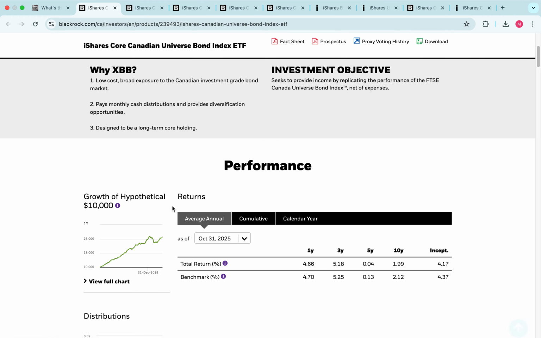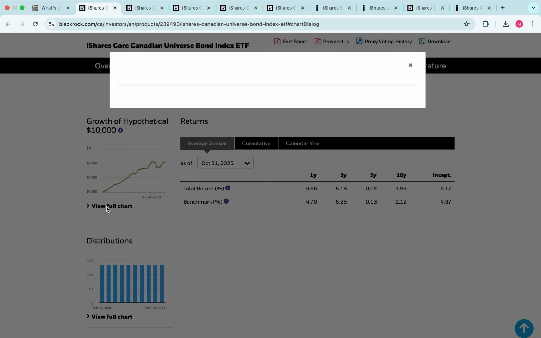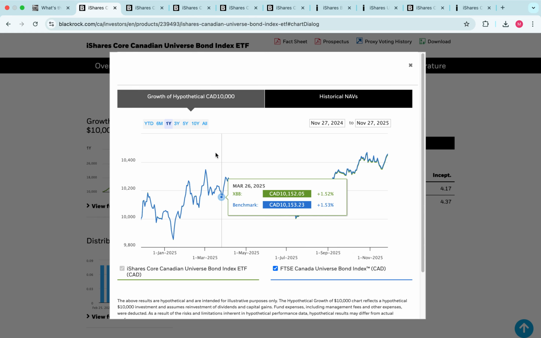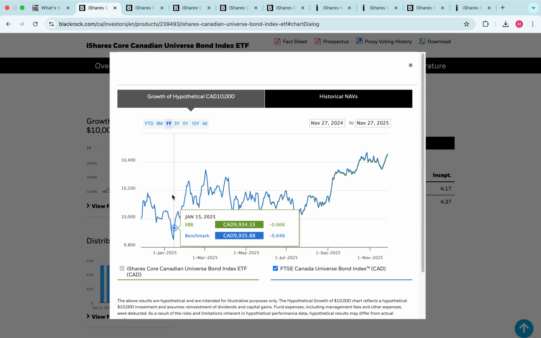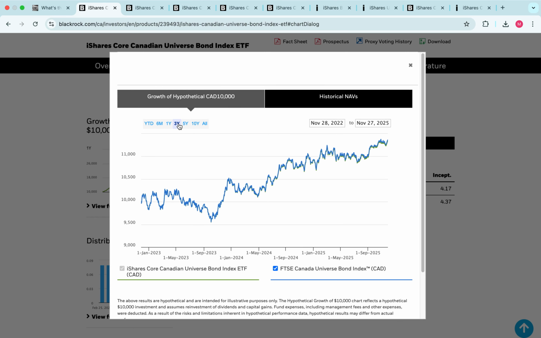If you look at the performance here, you can see why they got so much hate. This little dip happening in the early part of the 2020s is bad. That really put a damper on the enthusiasm people had for bonds. But if you take a look at the full chart, you can see there's been a pretty nice recovery in the last year or two. Even the 3-year picture looks pretty good.